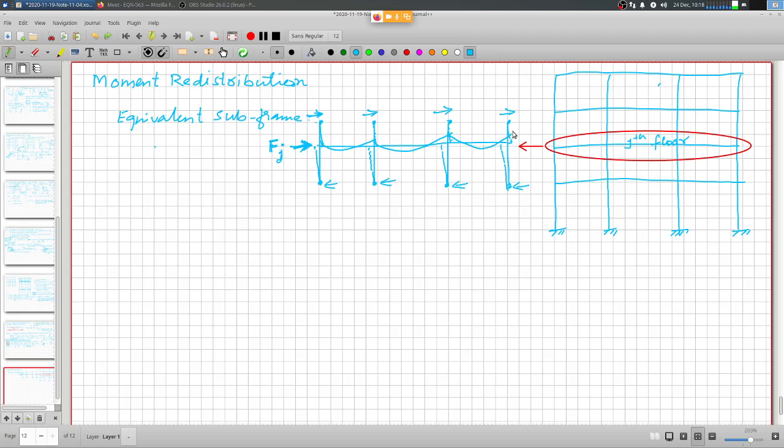So these are the gravity load moments, something like this. So there will be negative moments on the column face, and then positive moments in the span, somewhere around mid span.